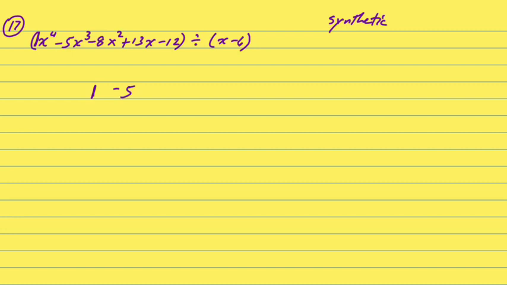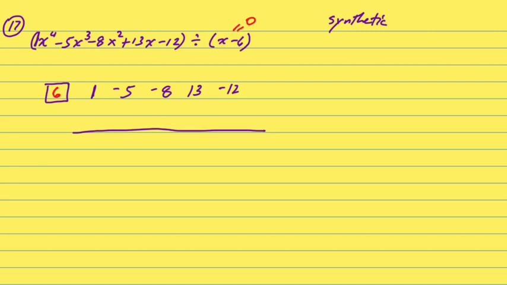Then a negative 5, a negative 8, a 13, and a negative 12. These are the coefficients up here. Now, I leave a space, draw a line, and make a box. The number that goes in the box is whatever makes this 0. So that would be a 6. Now that we have it set up, I'll give you a second to make sure you have it set up so you can follow the procedure.